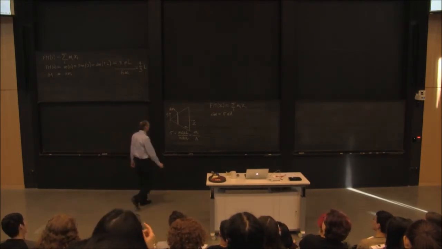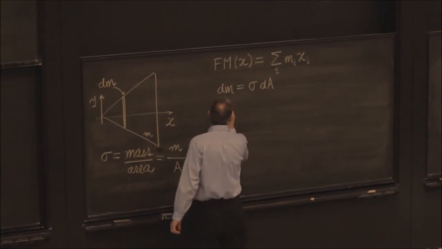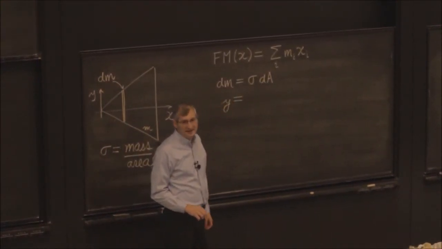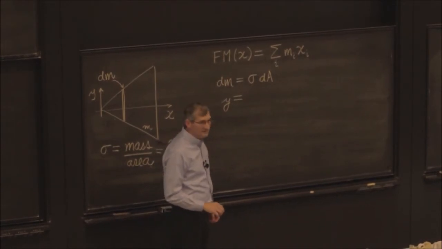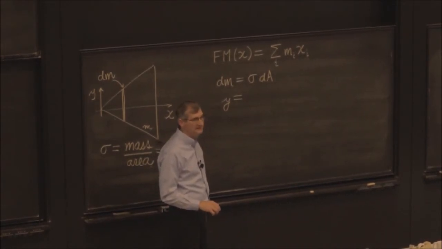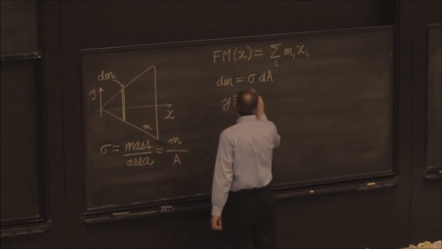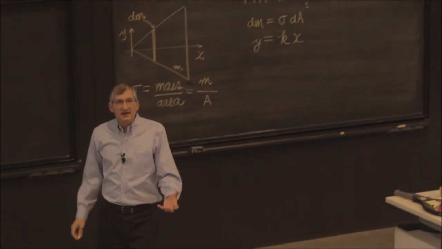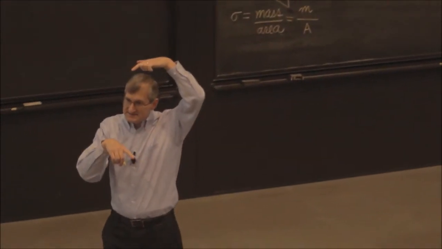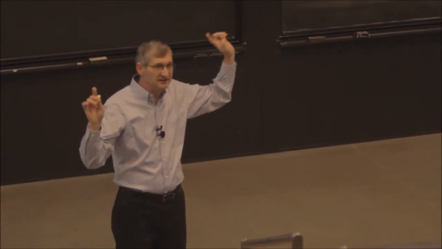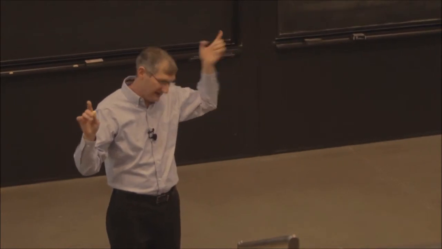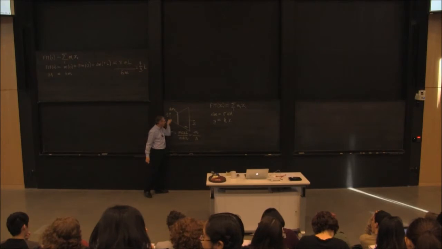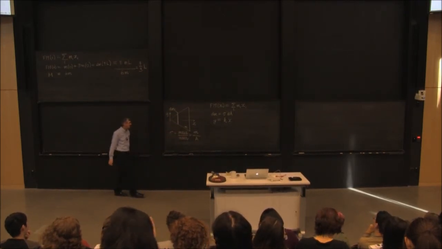That is to say, the height, the y value, is, give me a letter. K. Okay, fine. So the height is some constant times x. I don't necessarily care what it is, but it's proportional. Do we agree with that? That's what this straight line and that straight line are telling us.